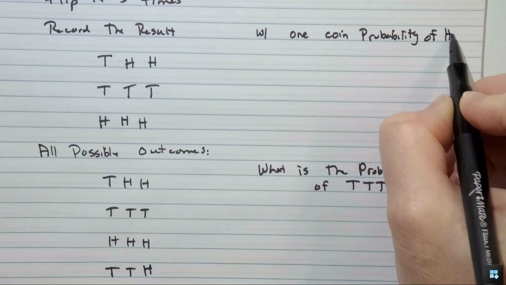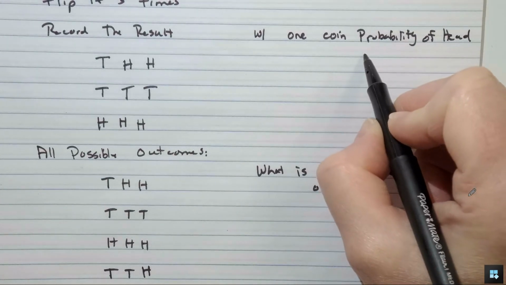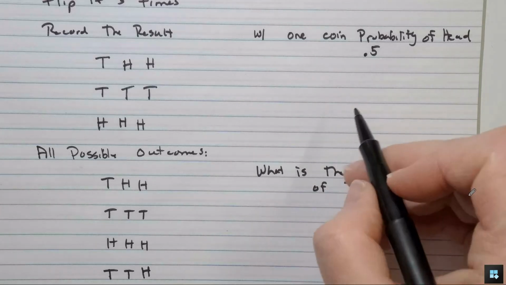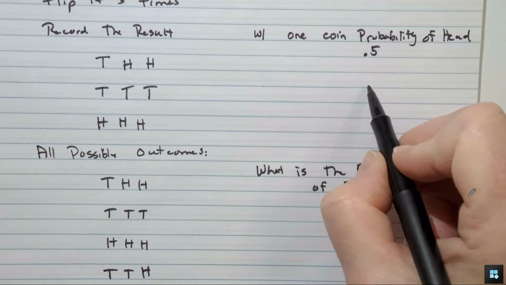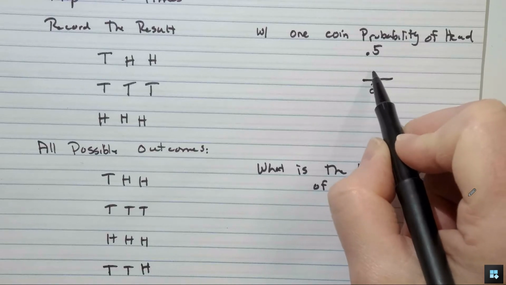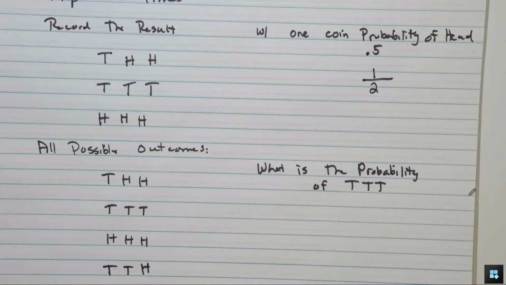Yeah, 50-50. And we write probabilities, that would be saying it as odds. So we're going to say it as probability, and then we use a number between 0 and 1. So we'd say 0.5. So the probability of a head would be 0.5. So you have half the chance of getting a head. And that's because you only had 2 chances, right? You get a head or a tail.